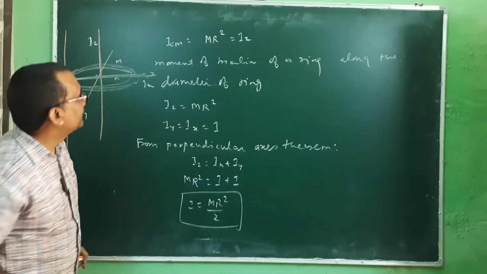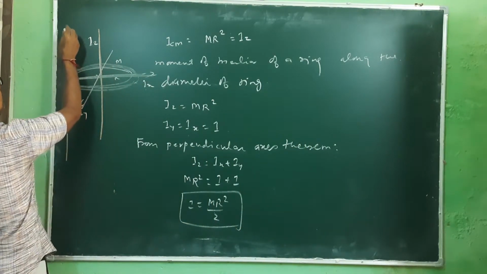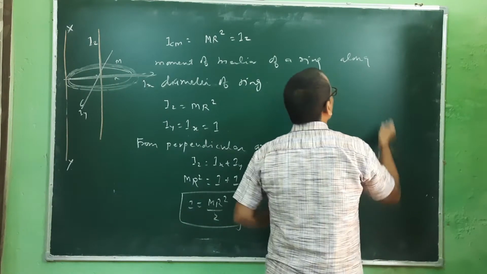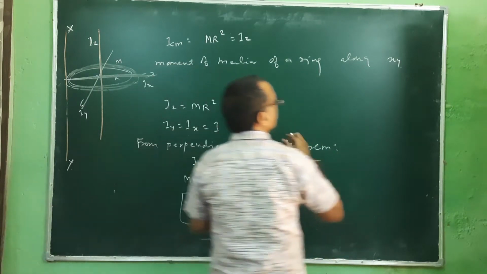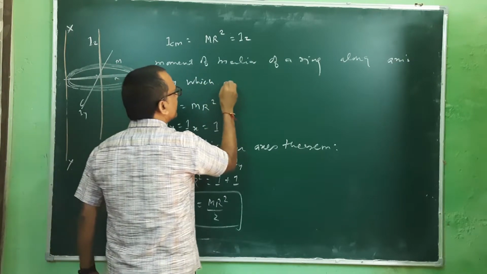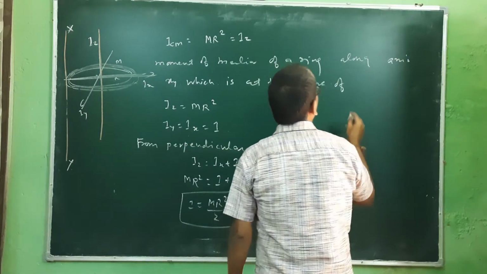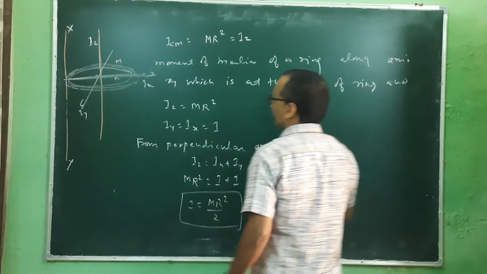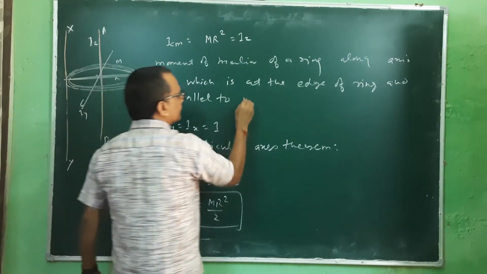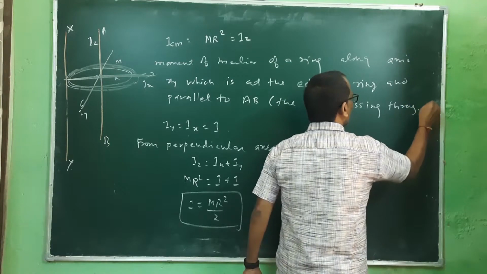So the moment of inertia of the ring along, let's say, axis XY, which is at the edge of the ring and parallel to this AB. The axis AB passes through the origin.